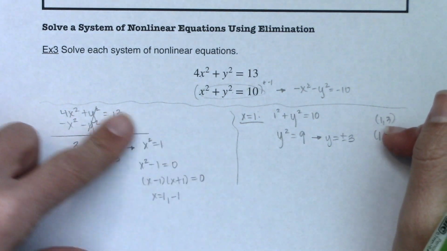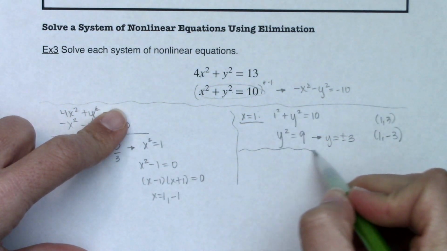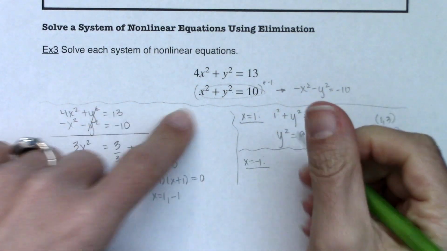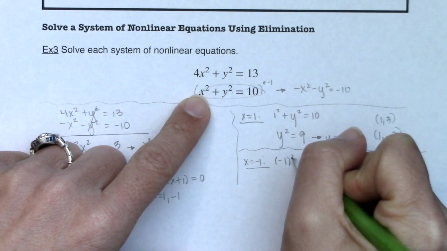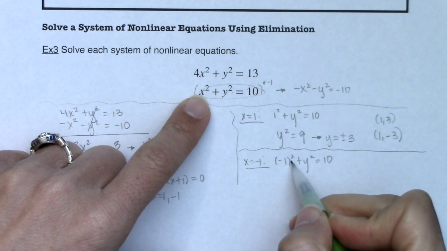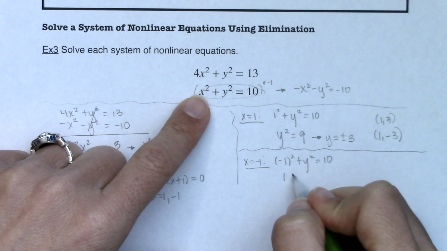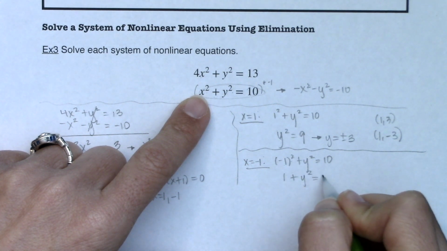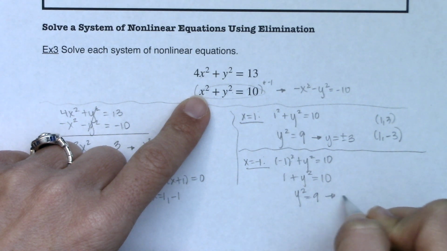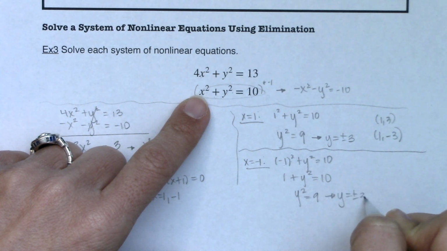Okay, and we'll see what happens when x is -1. Let's try it when x is -1 and see what happens. All right, so then I would have -1 squared plus y squared equaling 10, but -1 squared is also 1. So 1 plus y squared equaling 10. So y squared again is 9, which again leads me to y is plus or minus 3.